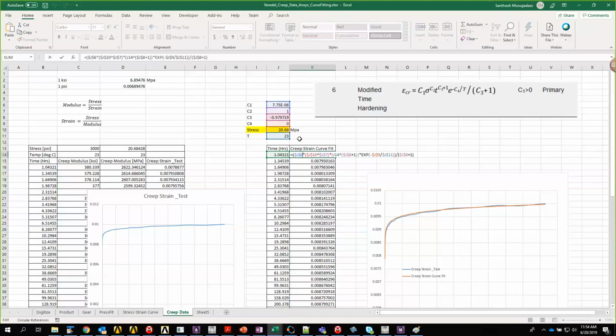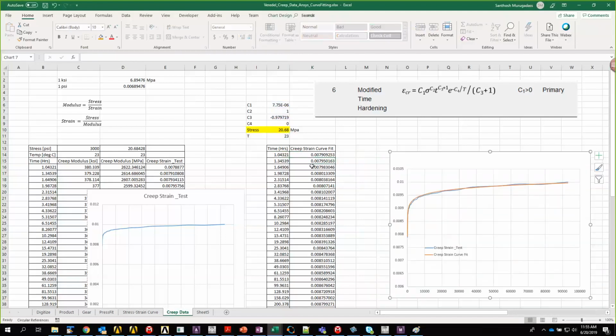Basically this is C1 times the stress to the power of the C2 constant, I'm assuming some value, multiplied by time to the power of C3 plus 1, and so on, divided by C3 plus 1.